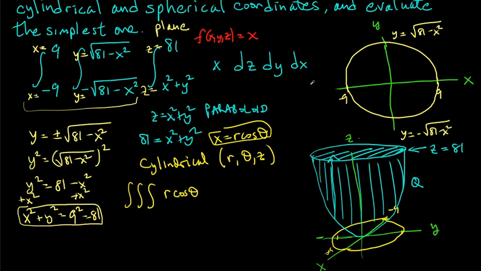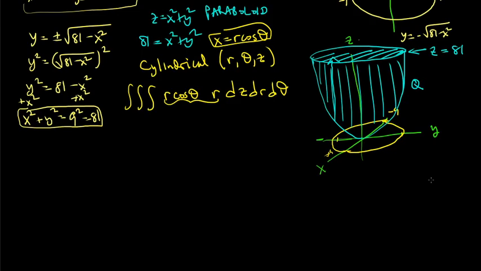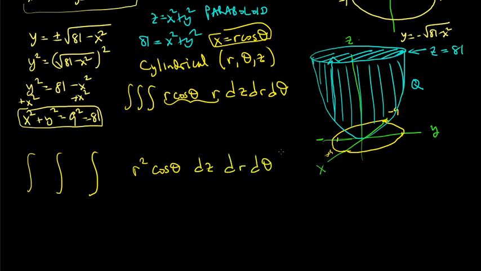This is just the three-dimensional version of polar coordinates. So we're going to be integrating r squared cosine theta. Let me write this a little bit bigger here now, because we have to put in the limits. The usual order is dz, dr, d theta.